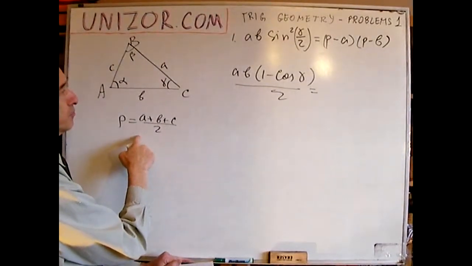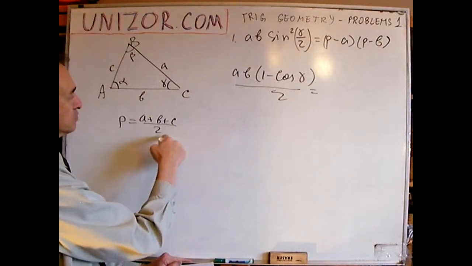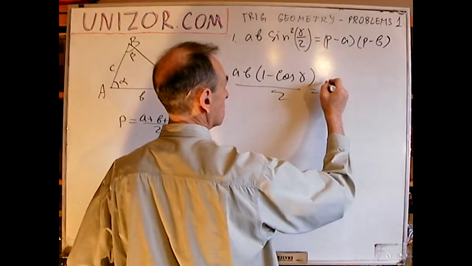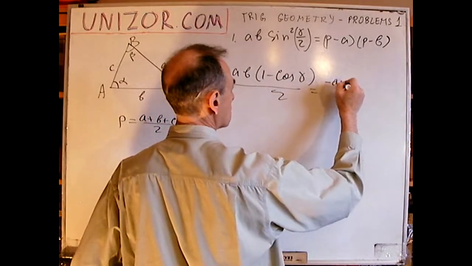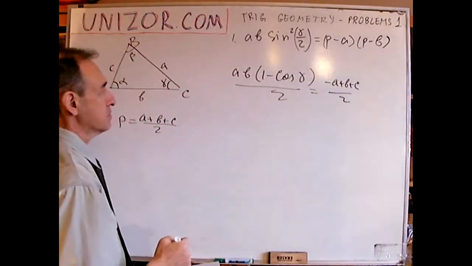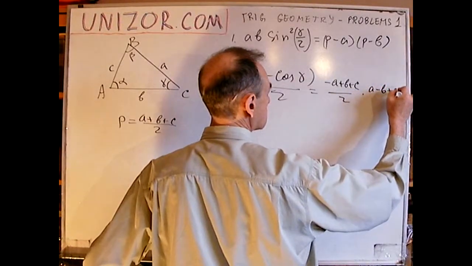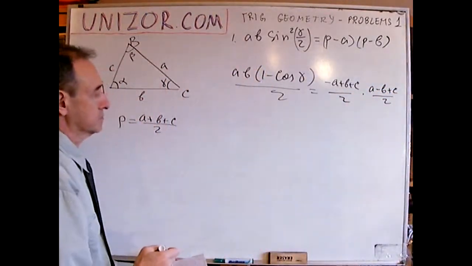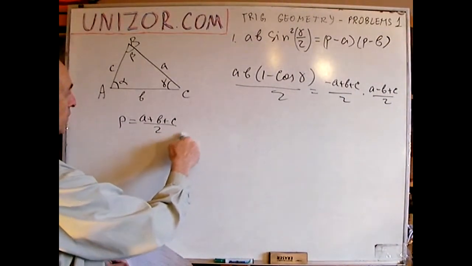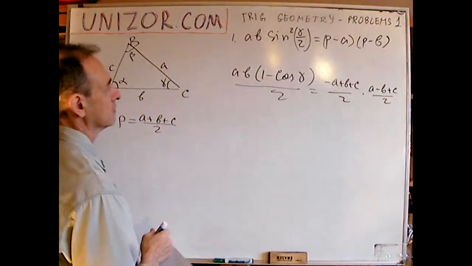So P minus A would be minus A, which means minus 2A over 2, so it would be minus A plus B plus C over 2. Now, if it's P minus B, it would be A minus B plus C over 2. All right? If it's minus B, and I'm using the common denominator 2, it would be minus 2B, so it's right, exactly.